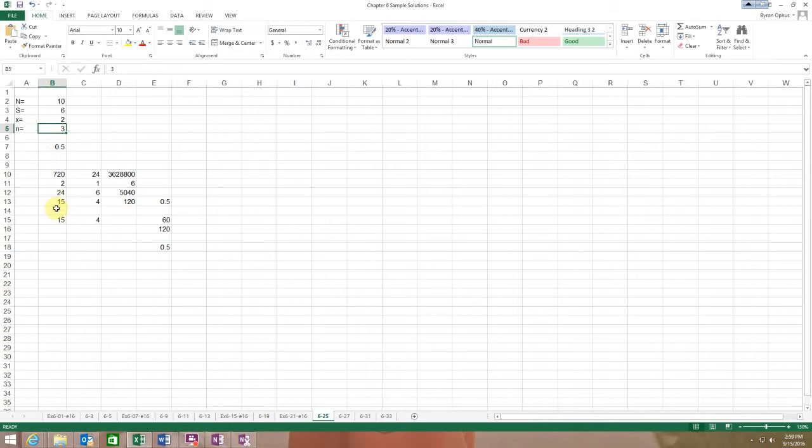Okay. Now, if you look at the formulas, and if you love formulas, this is a good one, right? On page 192 for the hypergeometric distribution, it's the combination of S and X times the combination of N minus S and n minus x over the combination of N and n. Okay, we got all those there.